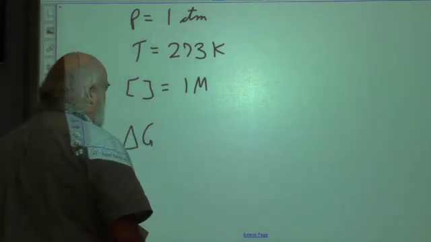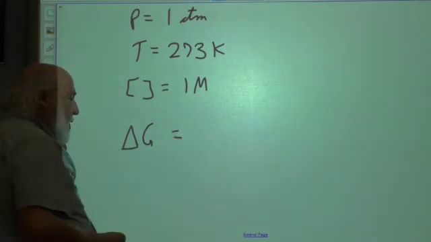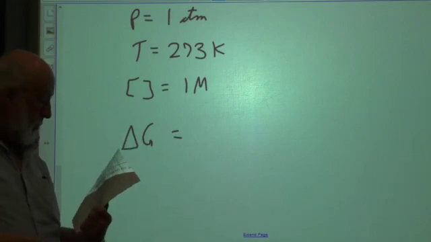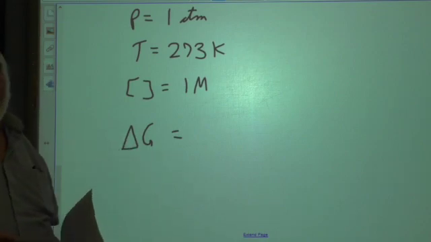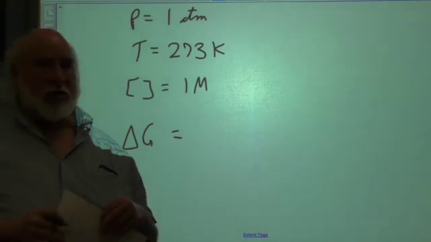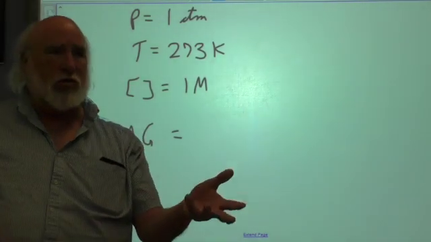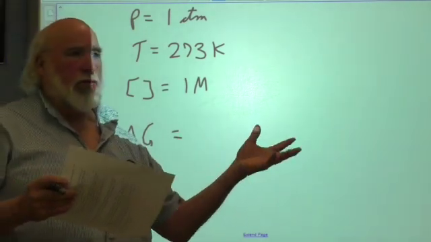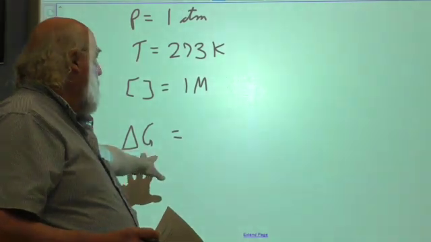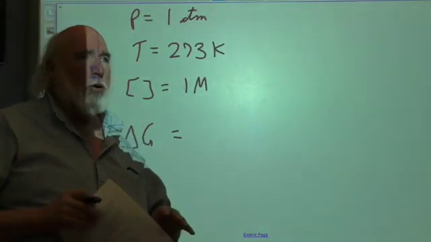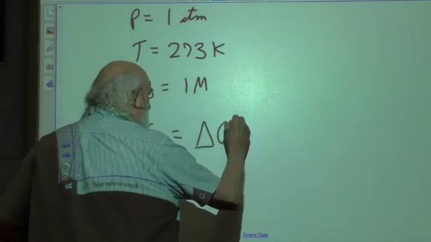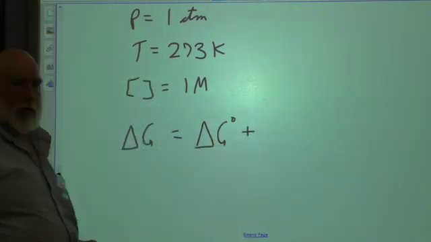Now, it turns out that delta G can be the value that we get in the lab, and then we can calculate the standard version, in which case if you're a scientist trying to determine if you have a valid situation, you would be able to calculate the delta G standard by a correction factor.